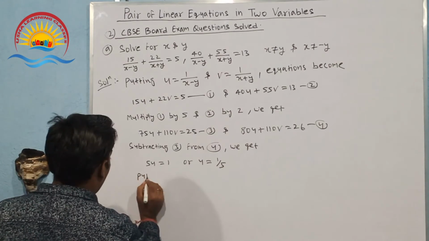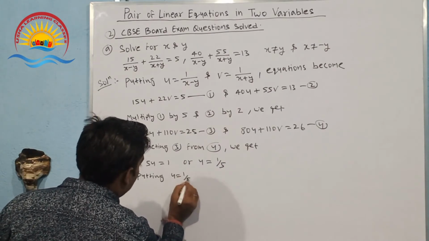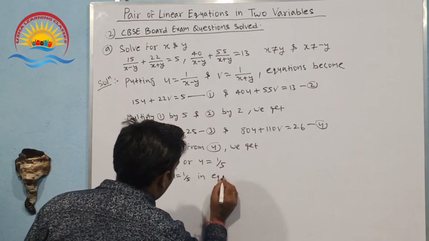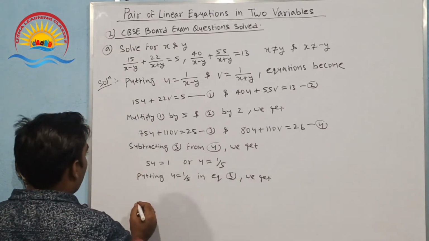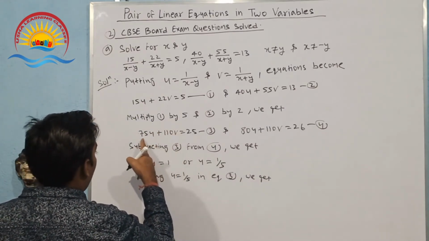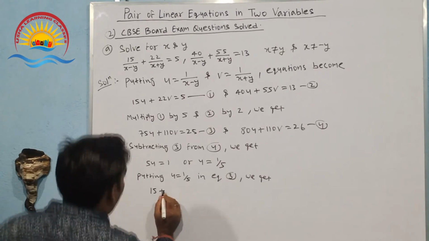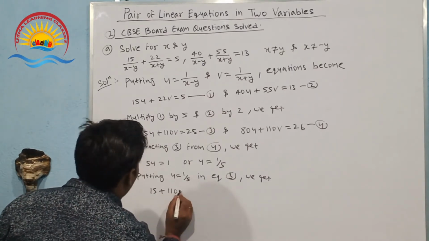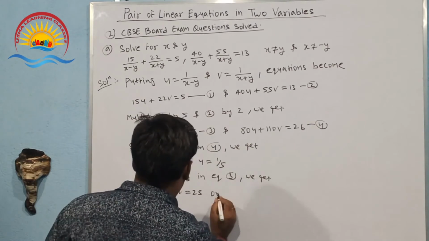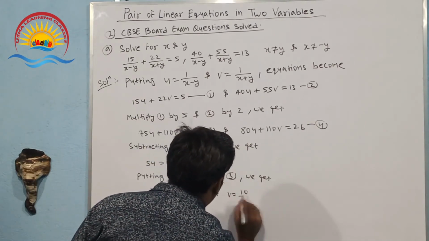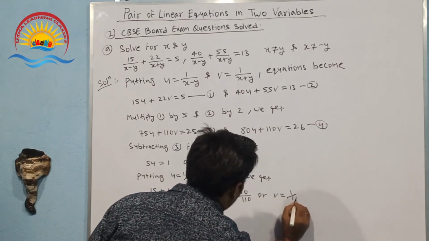Putting u equal to 1 by 5 in equation 3, we get 15 plus 110v equal to 25 or v equal to 10 upon 110 or v equal to 1 by 11.